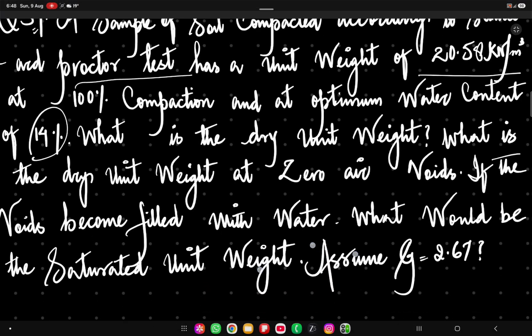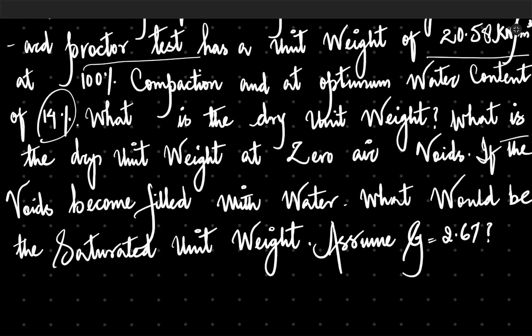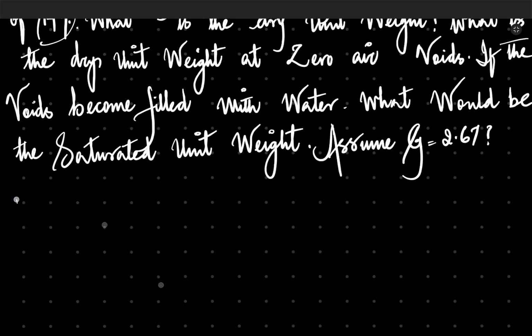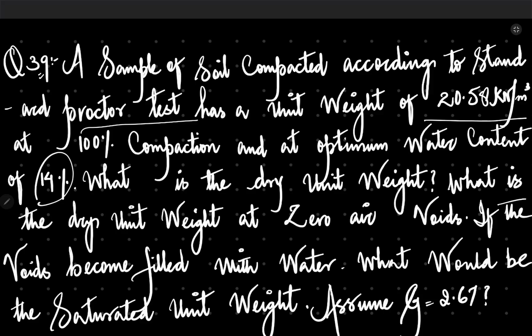Then the question says, if the voids become filled with water, what would be the saturated unit weight? Assume G equal to 2.67. All right, so let's solve this question. Question is based on the data as found out during the standard Proctor test.